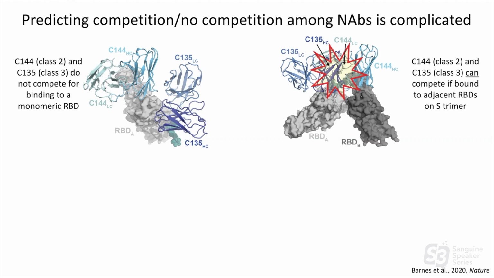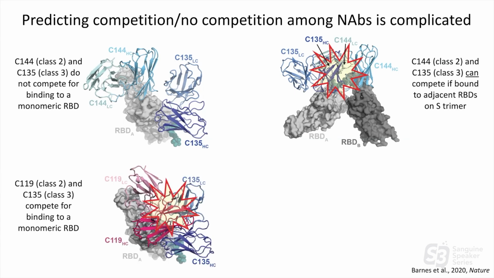So even if ACE2 hasn't bound, the RBDs are in an equilibrium apparently between up and down conformations. You could get a situation where the same antibodies would actually compete with each other, if they're adjacent to each other, both bound to the same spike, and the RBDs are in particular positions where they would clash.